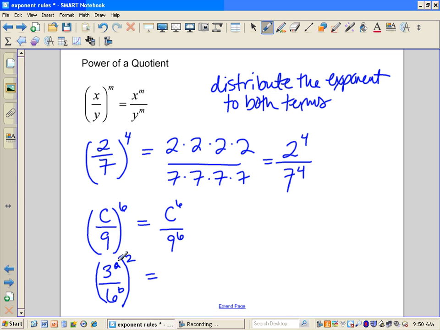So we have to do the squared to the a and the squared to the b. And we know we multiply those, so this is going to become 3 to the 2 times a, over 6 to the 2 times b. Because we multiply when we have a power raised to a power. And we had to do the distributive property to both the top and the bottom.